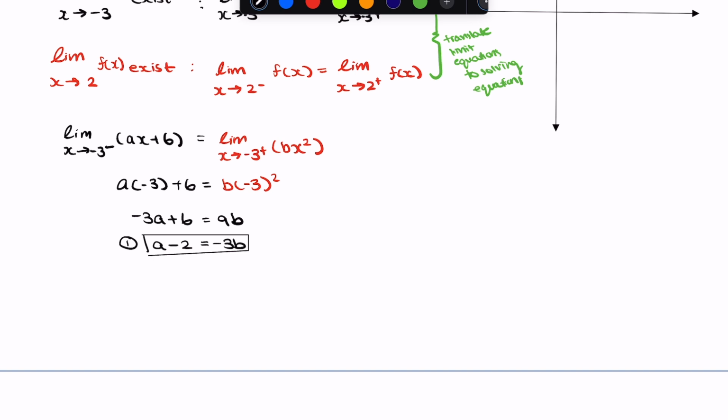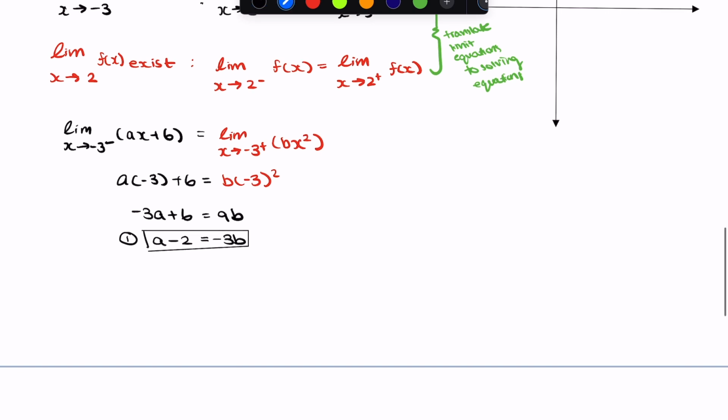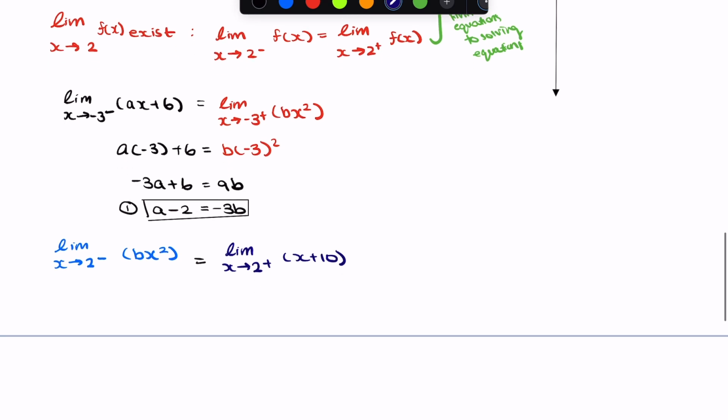So that's our first equation, and we're going to have to develop a system of equations. Our second one is, again, the limit as x approaches 2 from the left. That's from our function bx squared. That's equal to the limit as x approaches 2 from the right. That function is x plus 10. And we do the same thing we did in that last question.